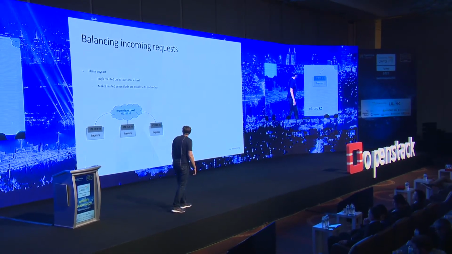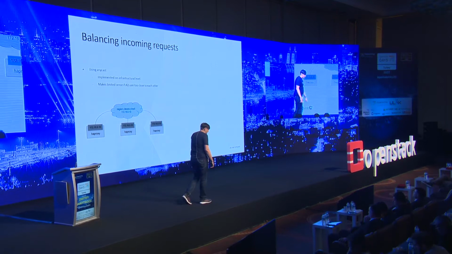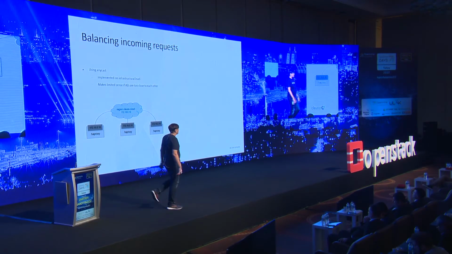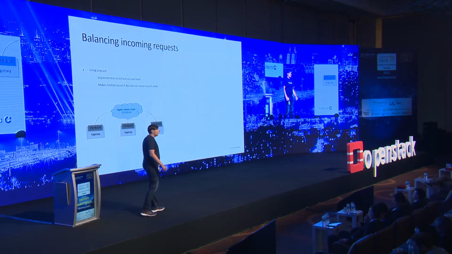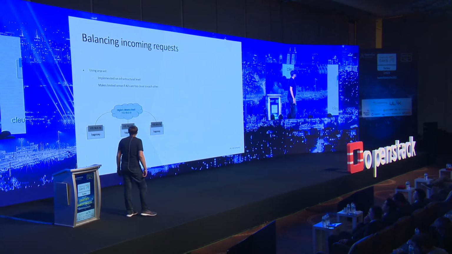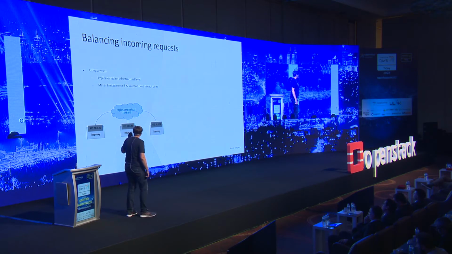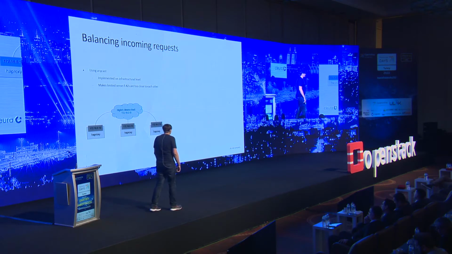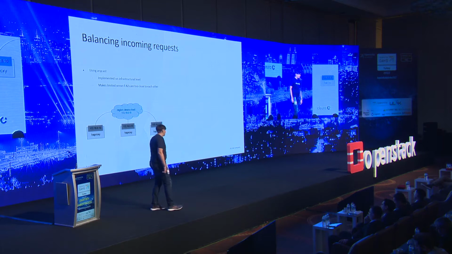There are two arrows on the previous picture. All requests come into a proxy, and all three are serving requests at the same time. There are two ways of doing that. The first is built on the infrastructure level. It requires BGP.